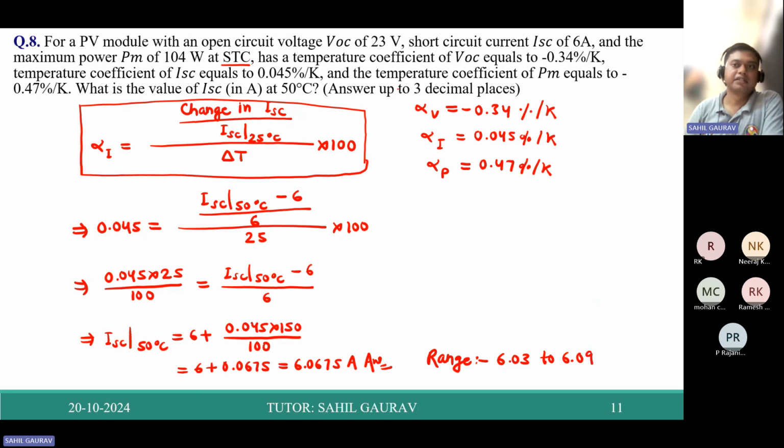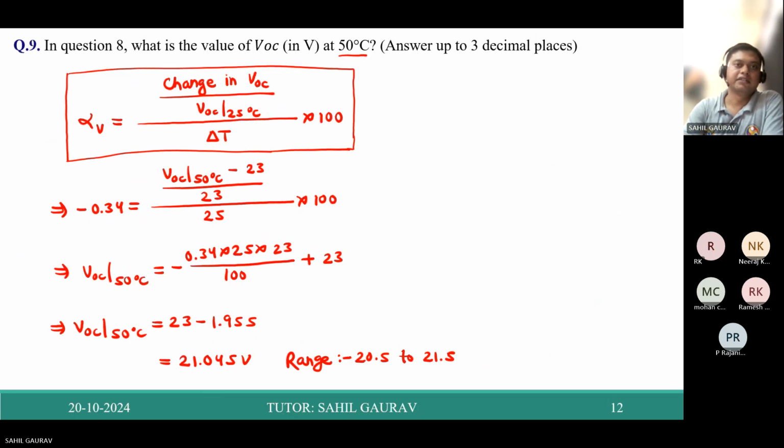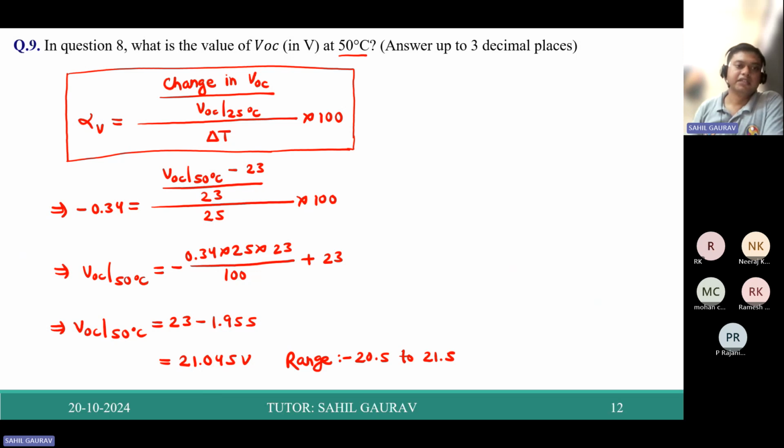So you can find that open circuit voltage at 50 degrees Celsius. Since this voltage coefficient is a negative temperature coefficient, this value will be lesser than 23 volt. So it is coming as 21.045 volt.